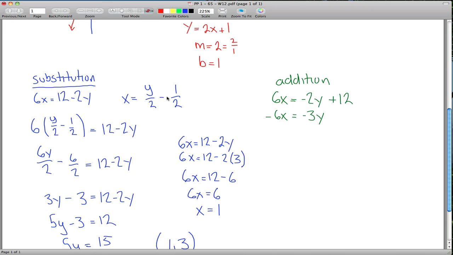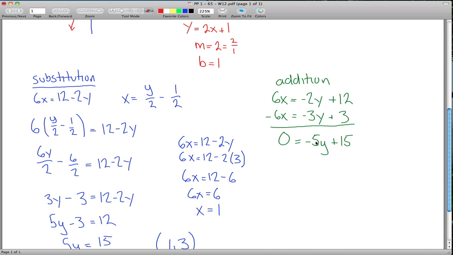And -6 times -1/2, negative times a negative is a positive. 6 times 1/2 is 3. If you add these up, 6x plus -6x is just 0. -2y plus -3y is -5y. And 12 plus 3 is 15.